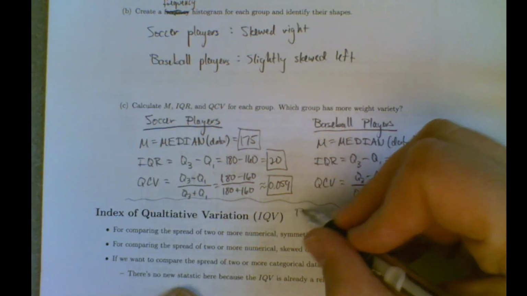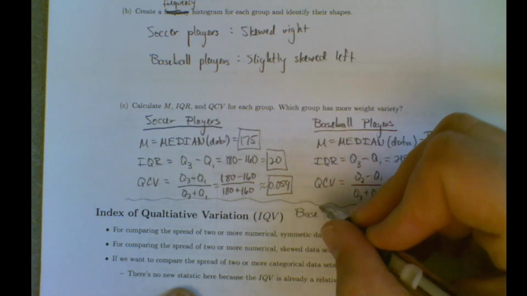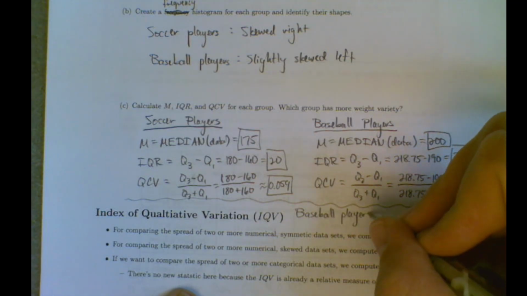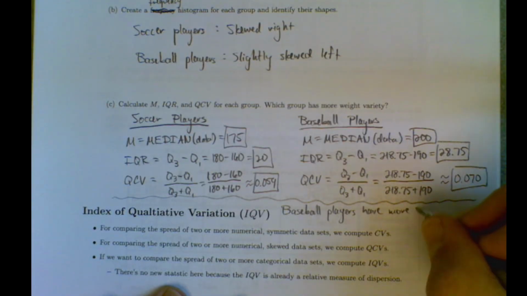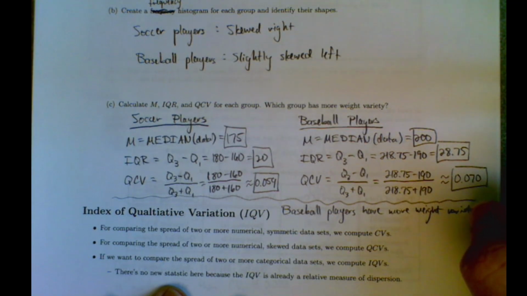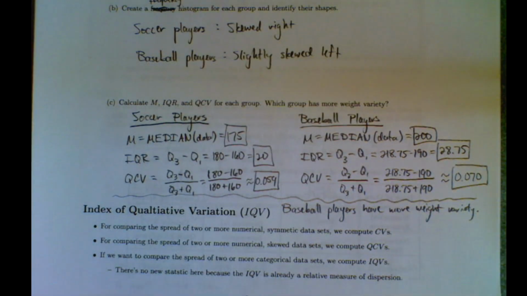We'll say baseball players have more weight variety since they have the larger QCV. Okay. So that's how the QCV works.